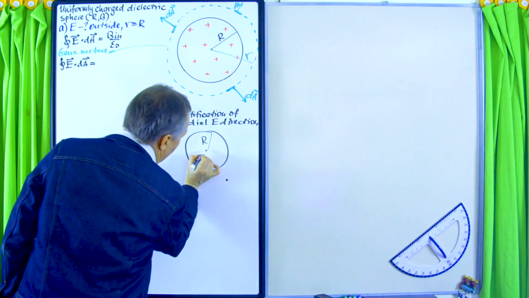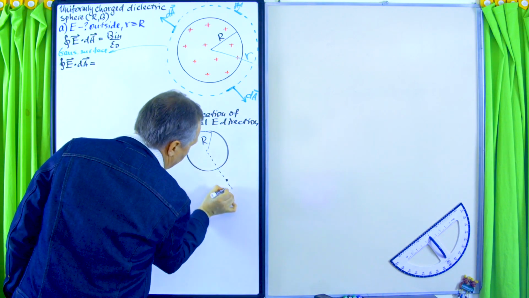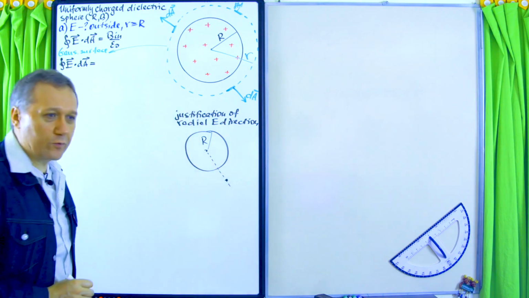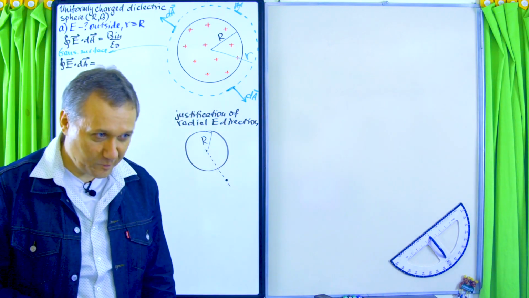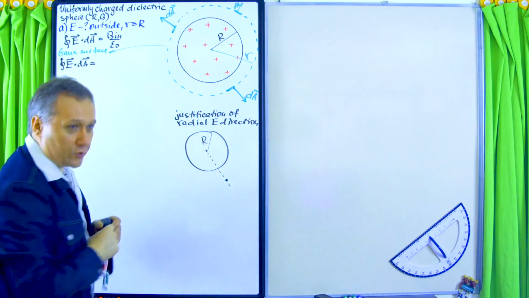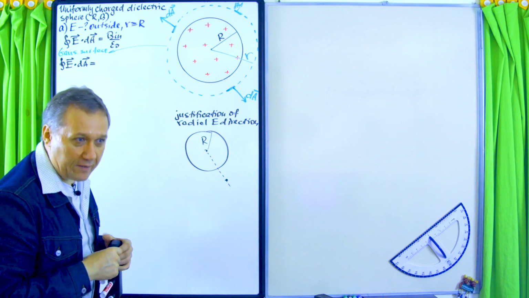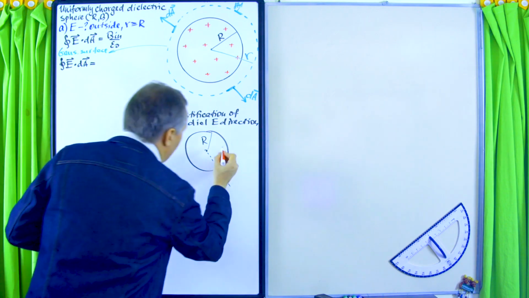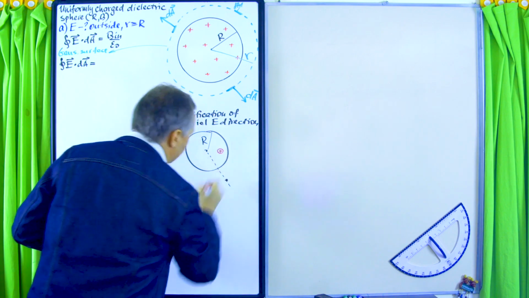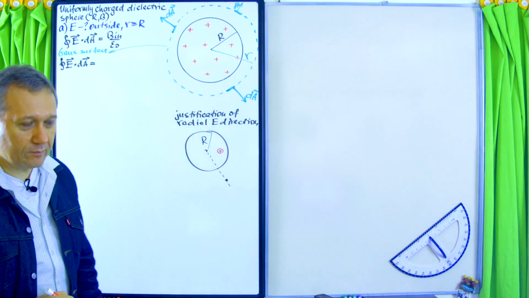Let me draw an auxiliary line which goes through the center of the sphere and through the point where I want to find the direction of the electric field. And since this sphere is uniformly charged, we have charges at every point. So let me take, for example, a small piece of charge over here, a completely arbitrary point.